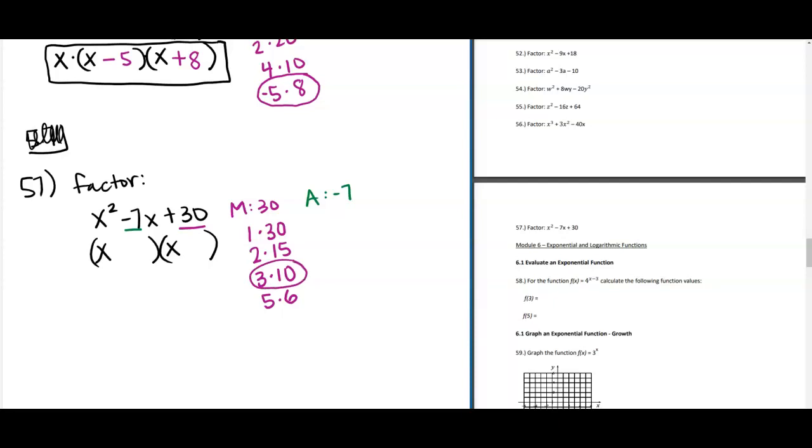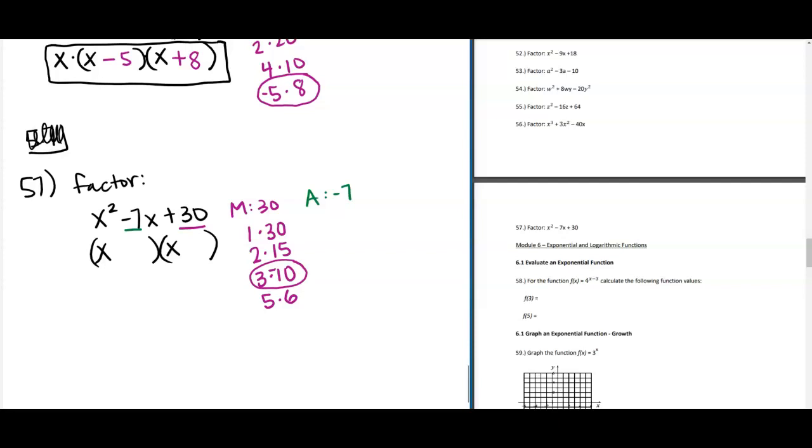Well, if I made that a negative 10, then 3 times negative 10 gives me a negative 30, not a positive 30. When I add those together, I do get a negative 7, but I don't multiply to get a positive 30. And there's no other way that I could possibly get something to multiply to be positive 30, add to be negative 7. So that means that this does not factor.